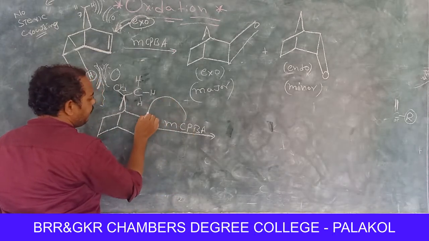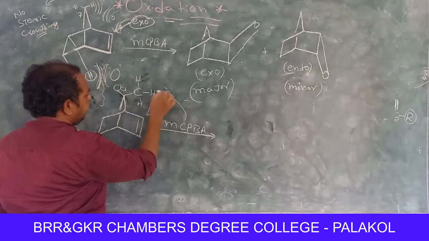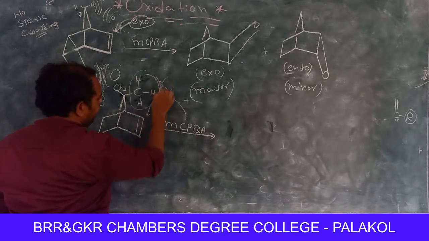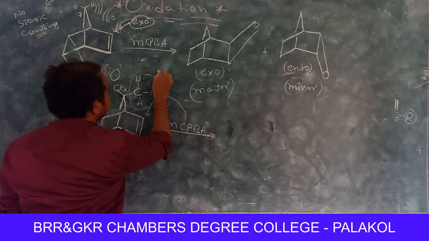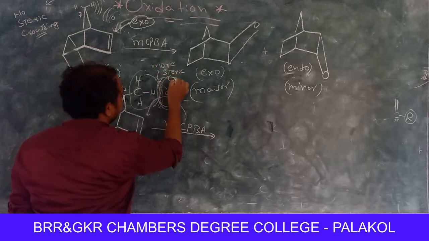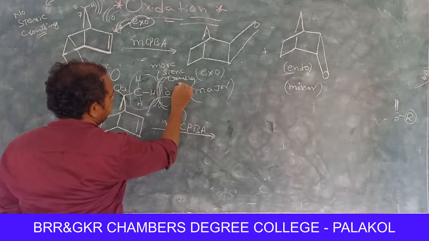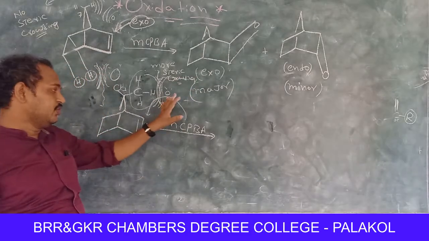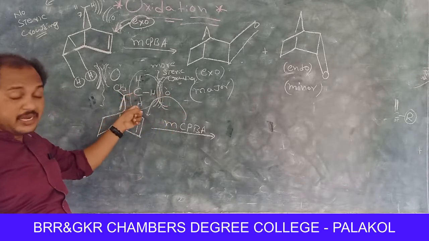Suppose MCPBA approaches from the exo direction. Then between the oxygen and the entire methyl group, there is more steric crowding. So the exo approach is not favorable whenever methyl groups are present.